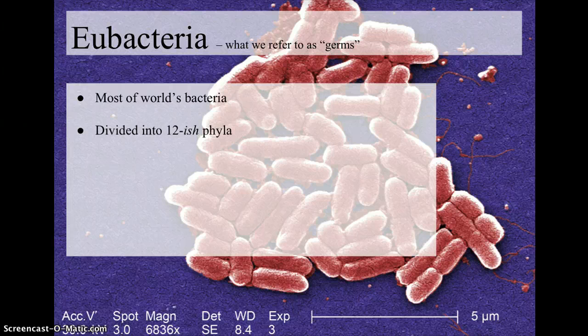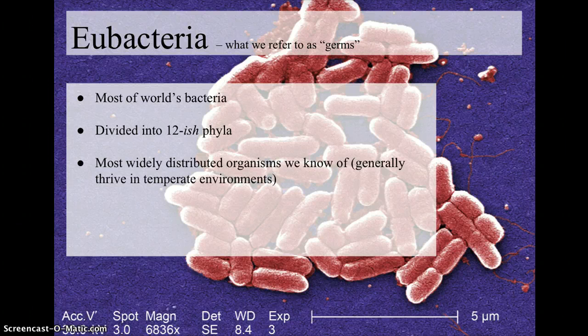They, depending on who you talk to, are divided into 12 phyla. So I said 12-ish phyla. They are the most widely distributed organisms that we know of, though they do generally thrive in temperate environments. The normal human body temperature is a great example of a temperate environment for these bacteria.